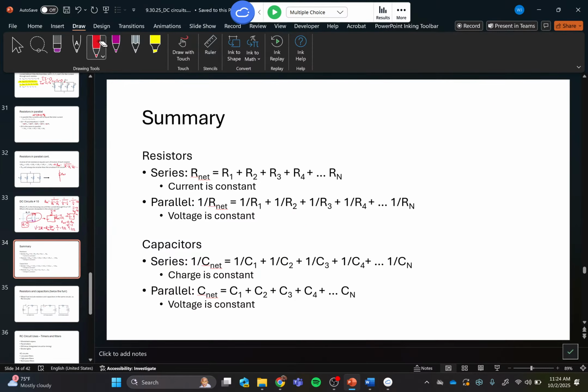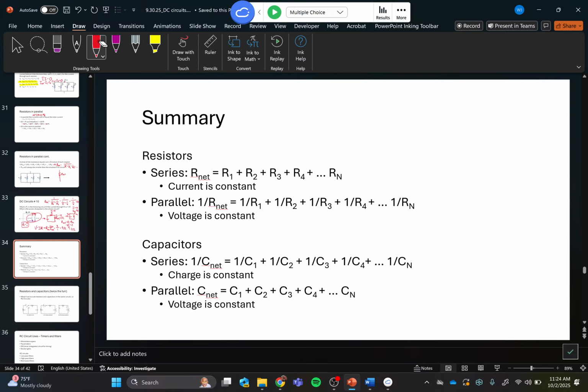Here's a summary comparing resistors in series and parallel. Why is this important for us to remind ourselves of? The opposite rules. When we get to the final, test 2 will not have capacitors in series and parallel. Test 2 will have resistors in series and parallel. The final will have both.